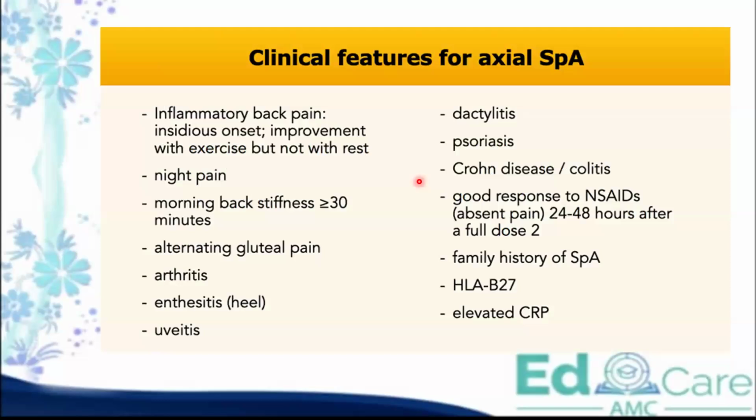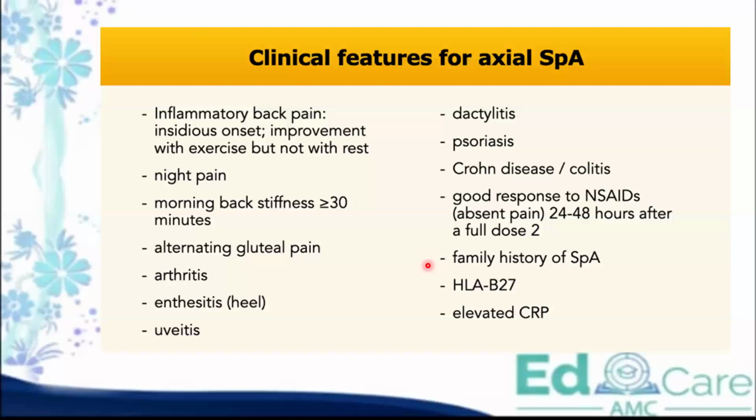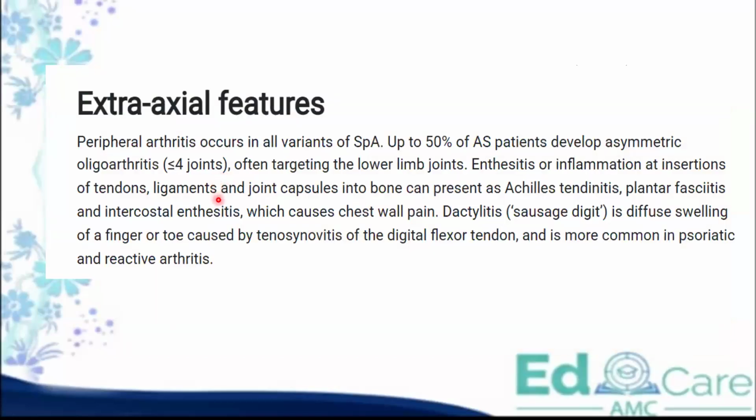It is definitely an axial arthritis. It affects the spine and the SI joint, but remember in their question they can give you other joints being affected as well, right?